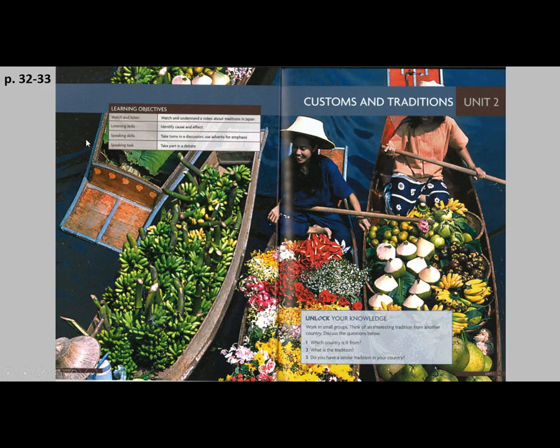Can you guess? These two women look like they are from an Asian country. It could be China, it could be Thailand, maybe Japan. What's the tradition? What do you think? This looks like some kind of water, yeah?